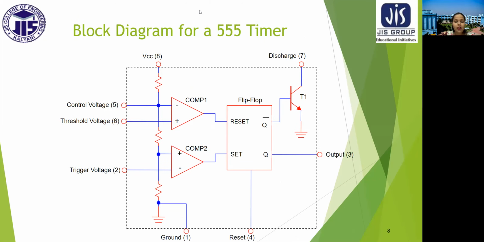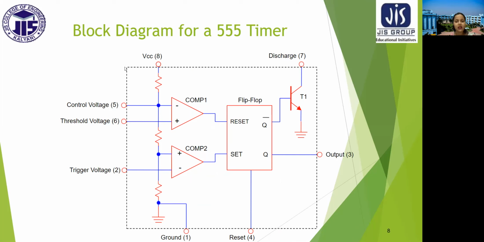So let us now discuss what this block diagram actually describes. Here the first question that comes into our mind: why is it known as 555 timer? Why not 777, 444, 333? Why is it 555?